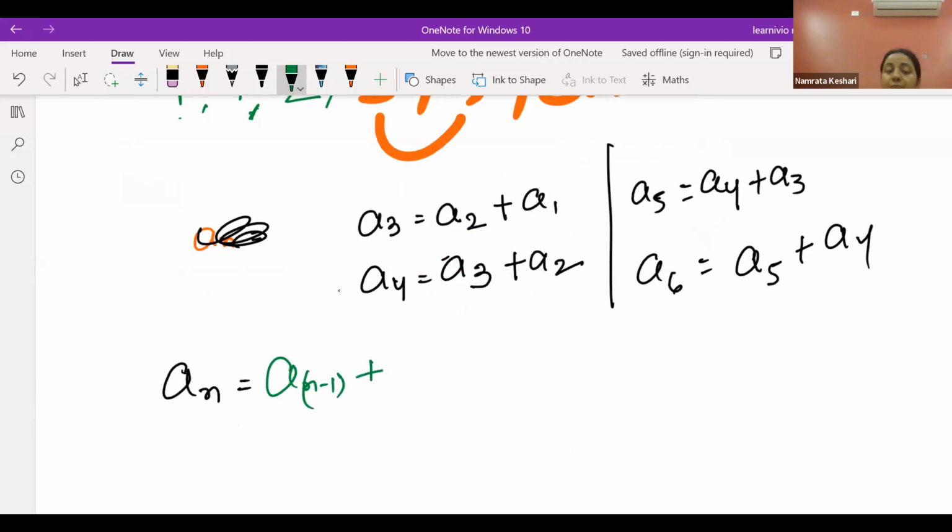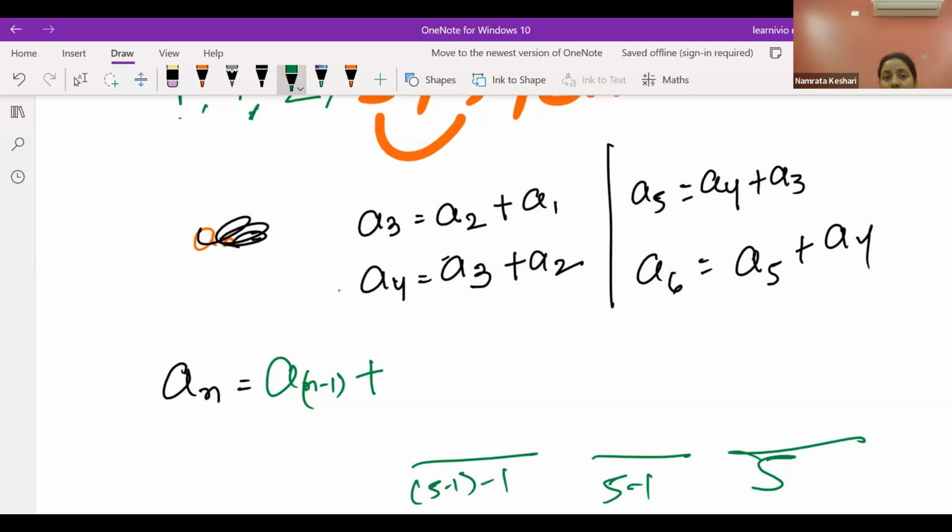Added with the previous to the (n minus 1)th term. See, if you have the number 5, the previous one is 5 minus 1, that is the 4th. The previous one is this 4 minus 1, or whatever you have, minus 1. This is the 4th place, this is the 3rd place.